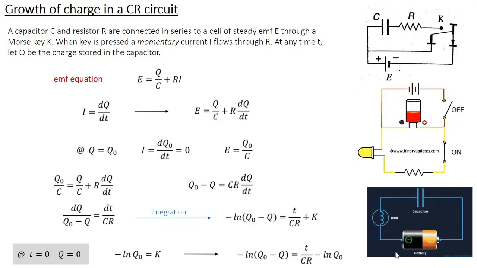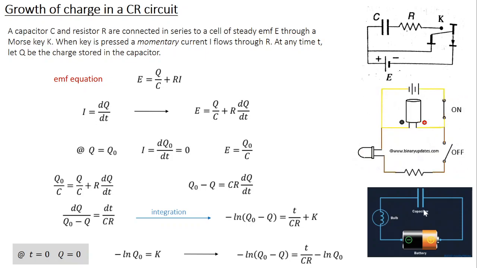So the charges which initially take part in the current flow now get charged. As a consequence of that, the number of charges available for the current flow decreases. So when the current decreases, the glow of the bulb diminishes. It becomes dimmer.